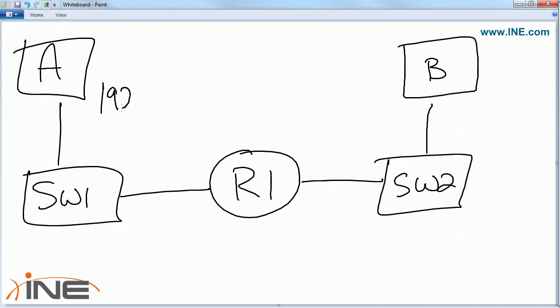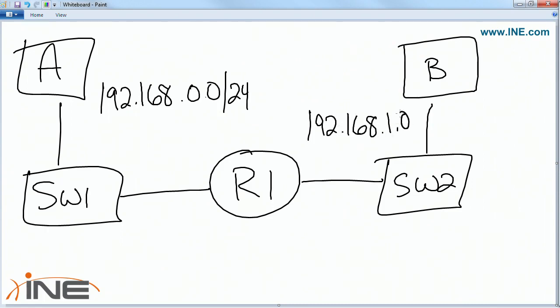Let's say on this side we have 192.168.0.0/24, and on this side we have 192.168.1.0. A is address .1, B is address .2.